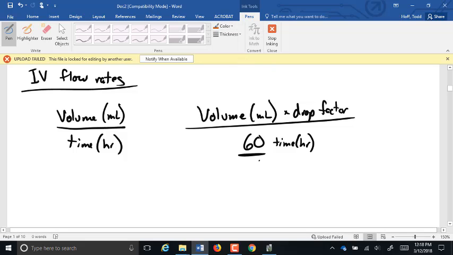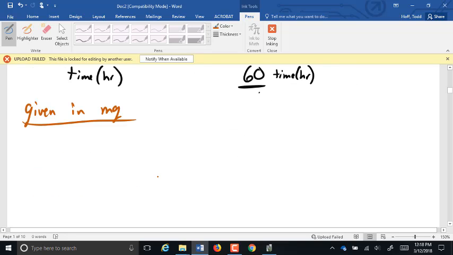If you have a dosage that is given in mass, in milligrams, well, then the flow rate is going to be a dosage, the doctor's orders, D times the concentration over the time in hours.